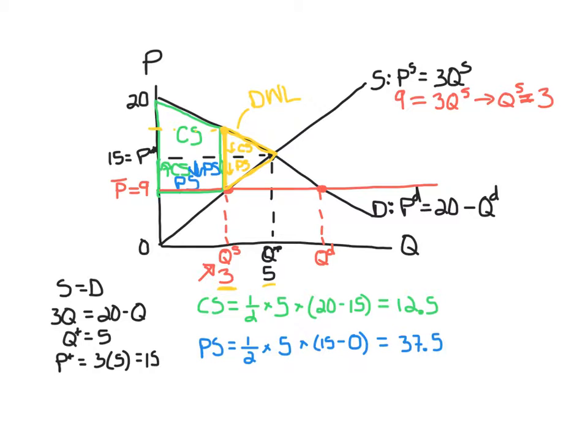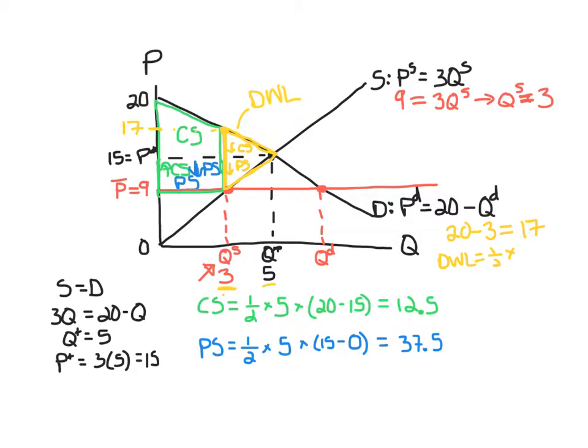All right, so over here with our demand curve, let's plug in a quantity of 3, and the demand price associated with the quantity of 3 is 17. So 17 is the number here. And now we can calculate our deadweight loss. So the deadweight loss is equal to 1/2 times the width of this triangle.